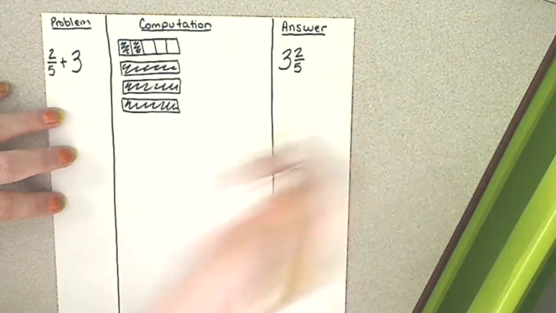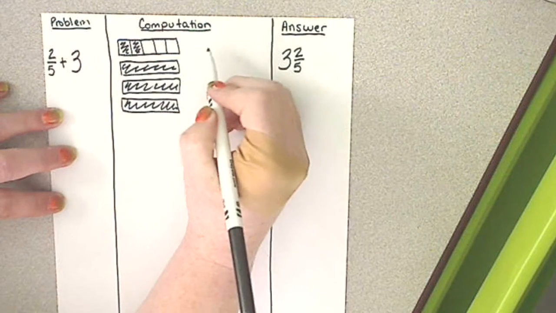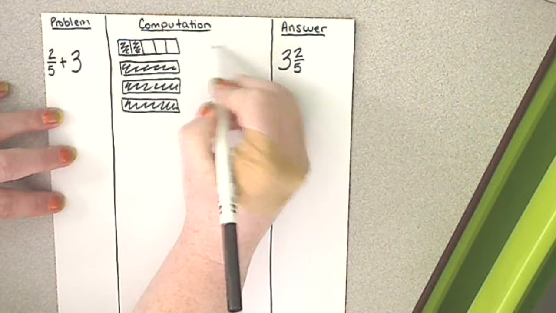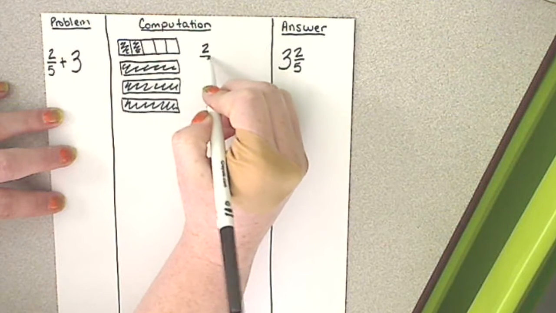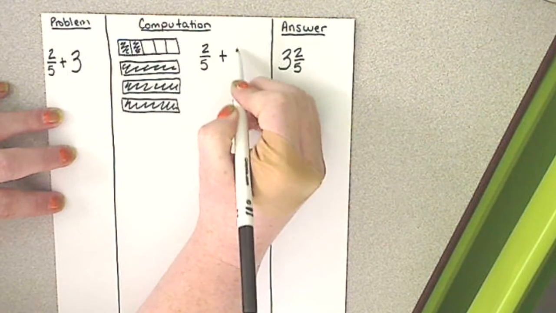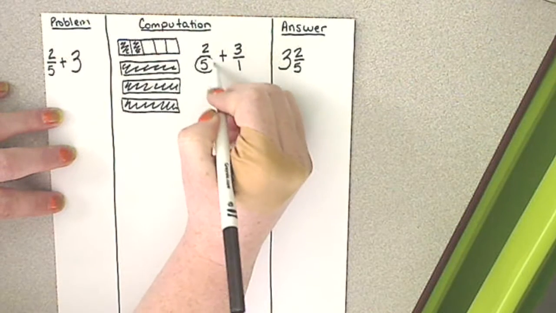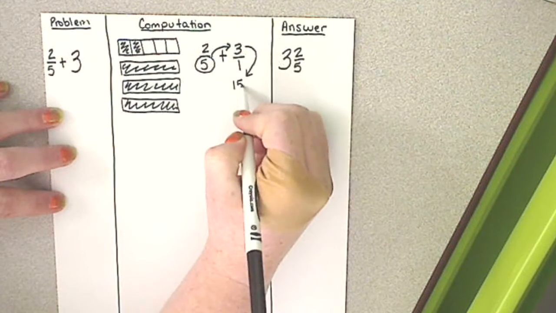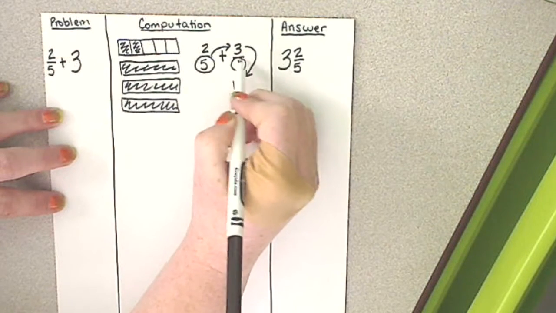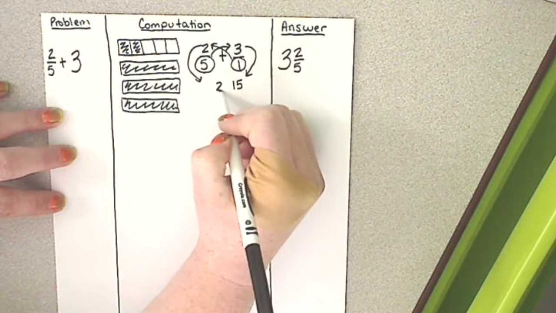Now, if you wanted to see this with the Potter's glasses, that's not a problem. We know that 3 written as a fraction is 3 over 1. So 2/5 plus 3/1, 5 times 3 is 15. 1 times 2 is 2.